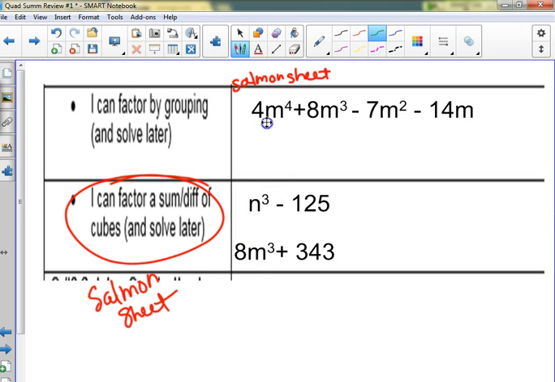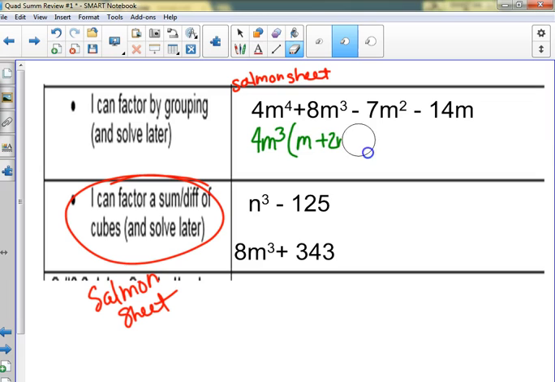So I put 2 examples up here. What could we take out of the first 2 here, though? 4m to the third, okay? What would be left? An m plus 2m. Now, when we, how about an m plus 2? Yeah, thanks. I was like, what did I just write? That doesn't make any sense.